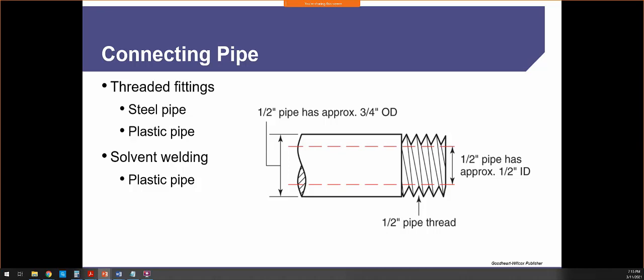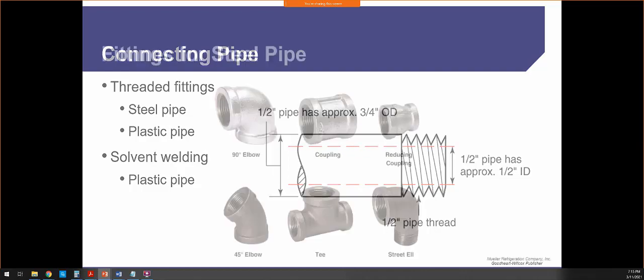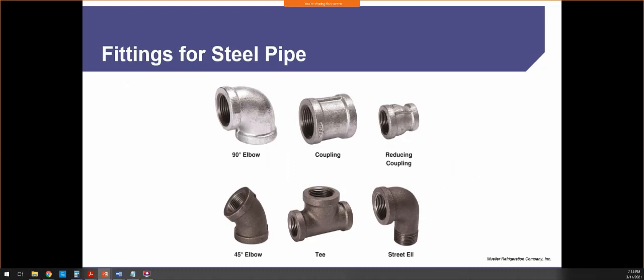The glue is going to sort of melt the two plastics together and create a nice bond. Once we bond them, the PVC, that's it. We're not going to undo them, whereas with threaded connections, we could always tighten or loosen. All right, so here's just some fittings that we use for steel pipe.